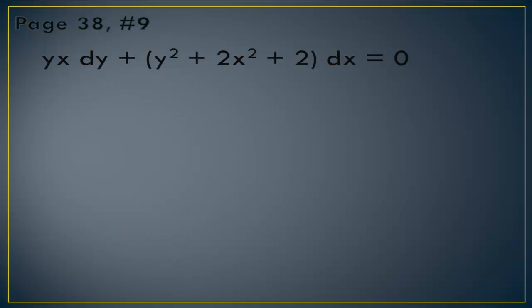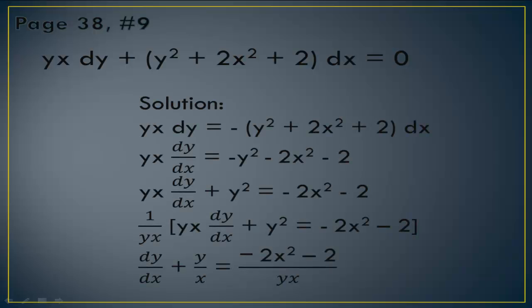Then on page 38, number 9, the problem is yx dy plus y squared plus 2x squared plus 2 dx is equal to 0. Then in the solution, just like the previous example, we will transpose this equation to the other side to obtain yx dy over dx.